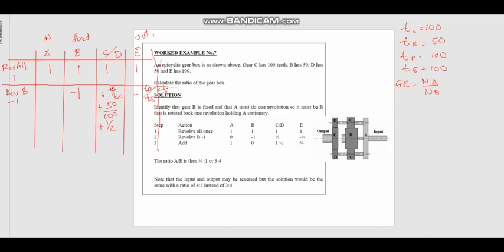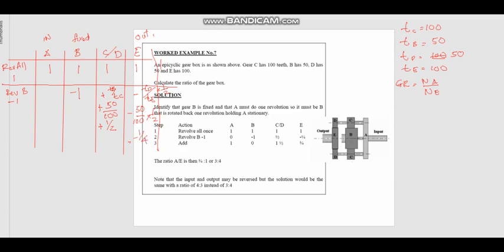Plugging in the numbers, TD is 50 and TE is 100, times 1 over 2. This equals minus 1 over 4.